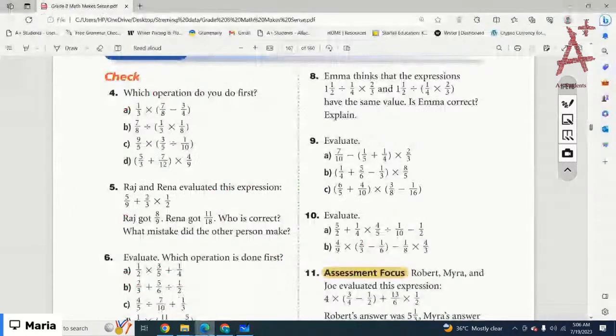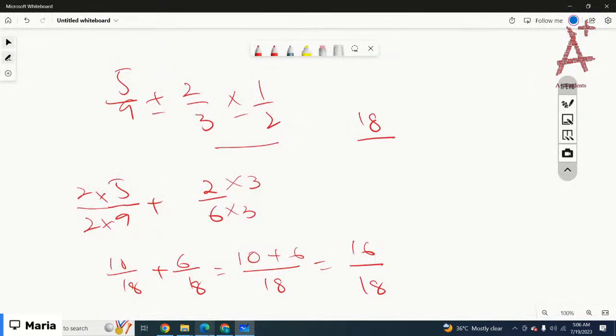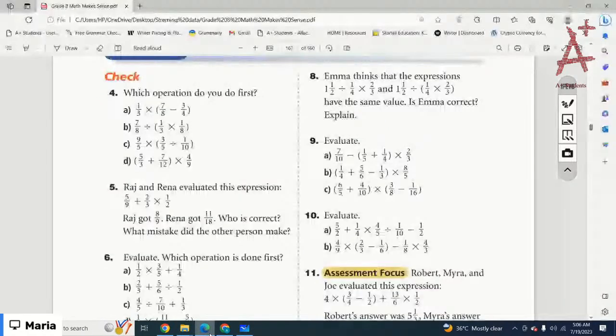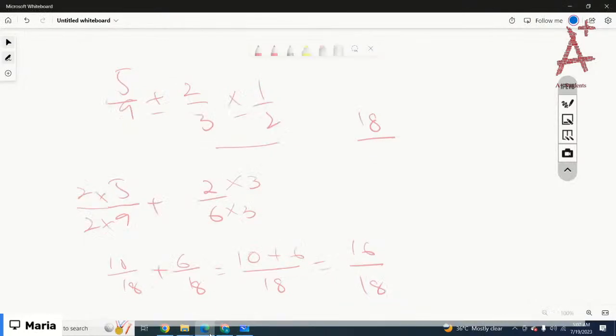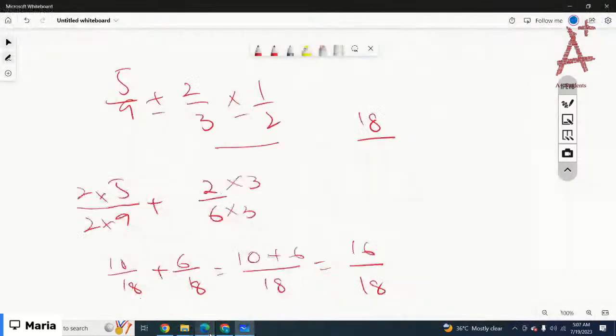Hold on, let me just check. 5 over 9 plus 2 over 3 times 1 over 2. 2 times 1 is 2 and 2 times 3 is 6, so 2 over 6. 2 times 9 is 18 and 2 times 5 is 10. 2 times 3 is 6 and... how 11 over 18? It is 16 over 18, not 11 over 18.